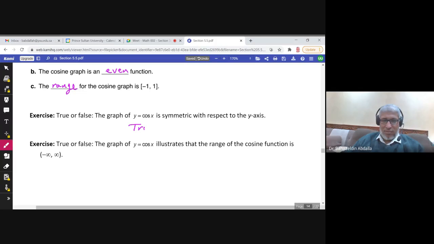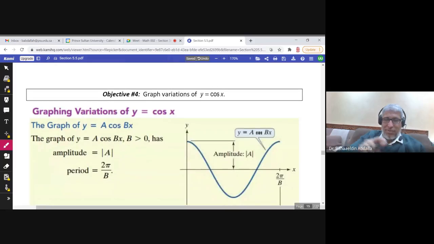True. It is symmetric with respect to the y-axis. The graph of cosine illustrates that the range is from negative infinity to infinity. No, this is false. The range is from negative 1 to 1. What is from negative infinity to infinity? That's the domain. So the domain is from negative infinity to infinity.